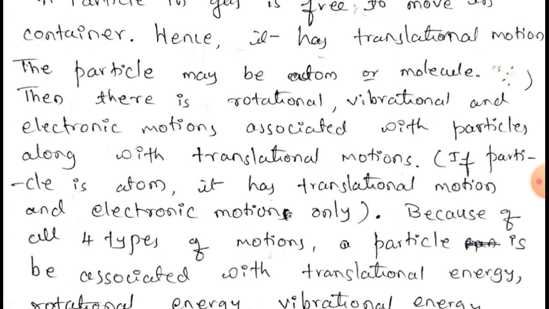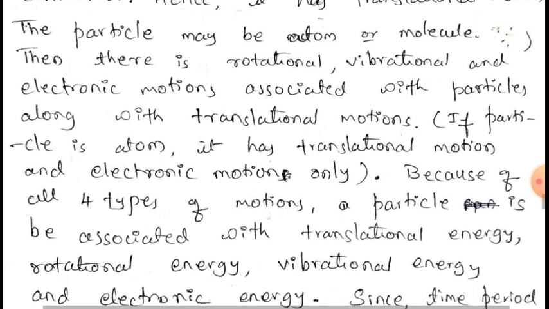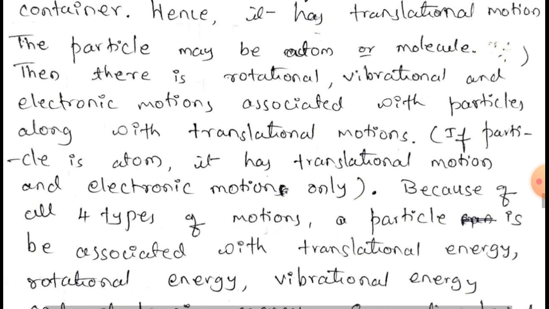Even an atom has electronic motions apart from translatory motion. The particle can have translatory motion or rotational motion because the particle may be rotating. We don't consider rotational motion for an atom because it is a rotation in space.